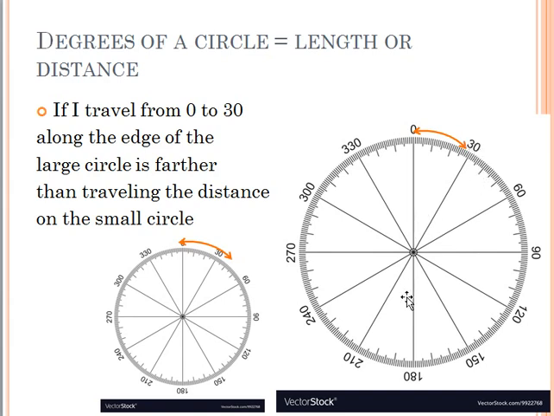And you can see that if I'm looking at a small circle, that distance from 0 to 30 is smaller than the distance on a large circle. So the distance traveled in degrees along the Earth's surface is based on how big the Earth is.